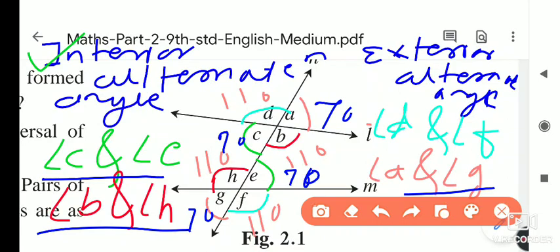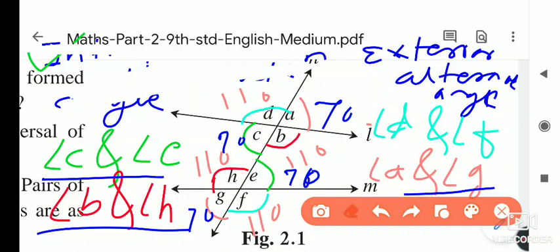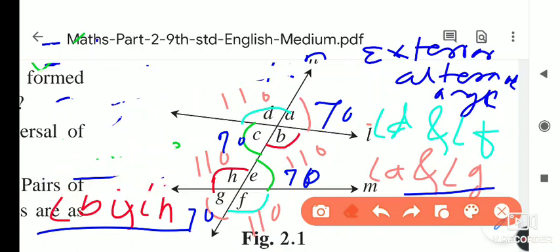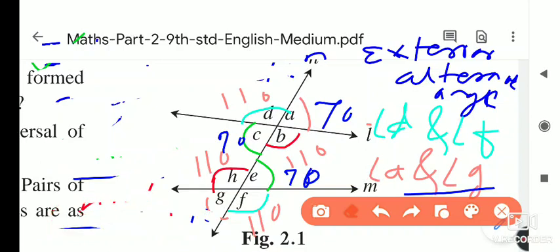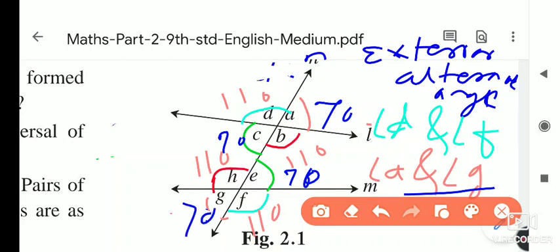After that we will see the next point, the pairs of interior angles and their measure. Which are the interior angles?